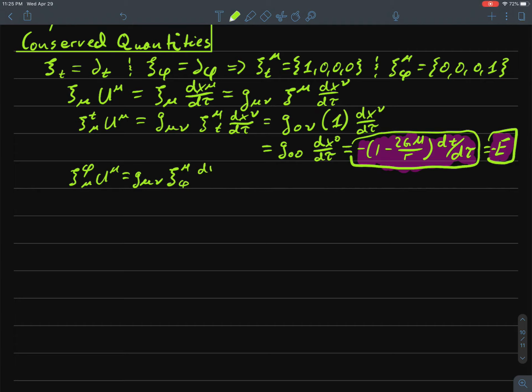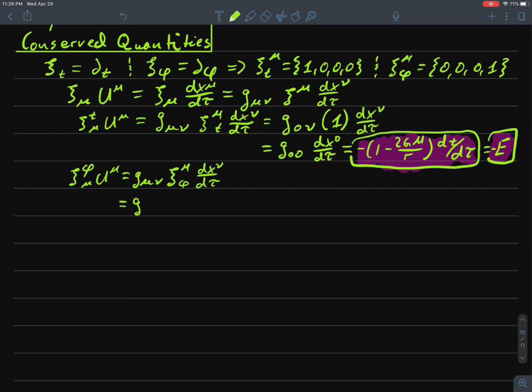And now the only non-zero piece is when this is 3 or phi, right?